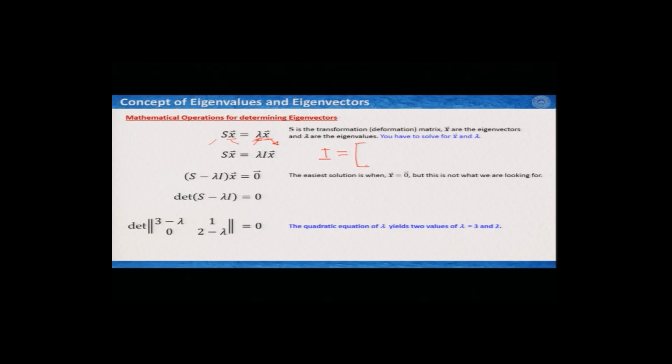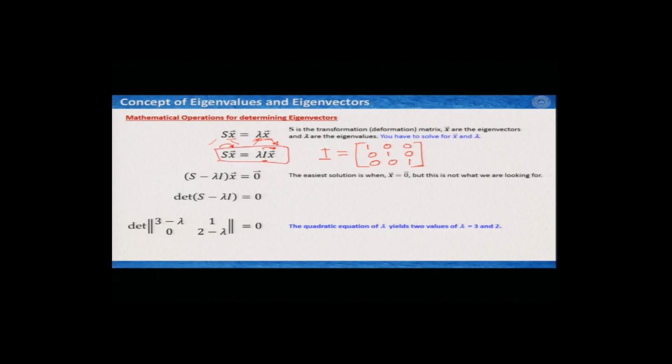If I write it in 3 dimensions, it would look like this: 1 0 0, 0 1 0, 0 0 1. This is an identity matrix. If you add it here, it does not change anything, but then you are convinced that on this side we are doing matrix multiplication, and here we are also doing matrix multiplication.